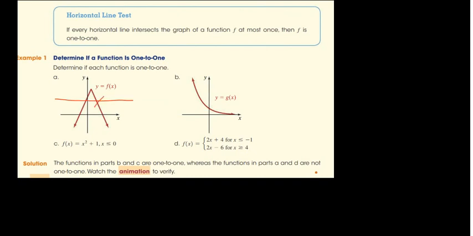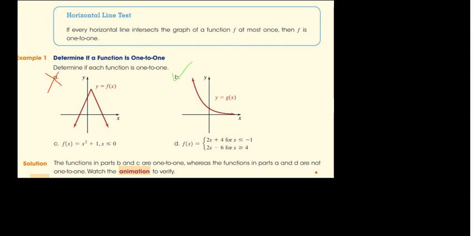We see that we do indeed cross this graph in more than one area, so therefore A is not 1-to-1. All right. B, well, we can't cross it more than once anywhere, so therefore B is 1-to-1. So B is, A is not.